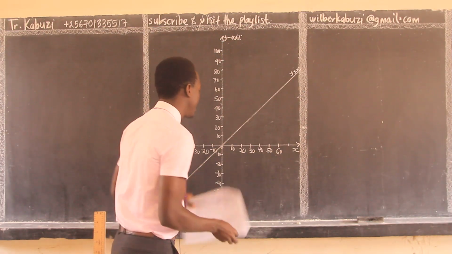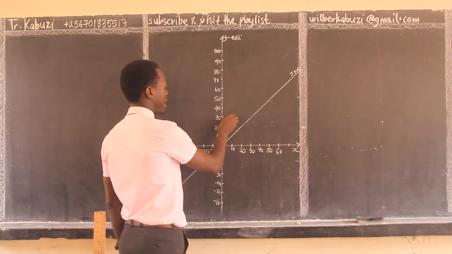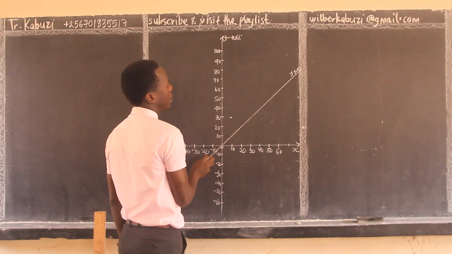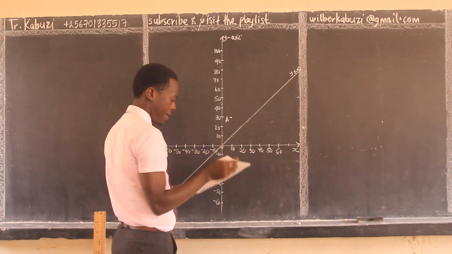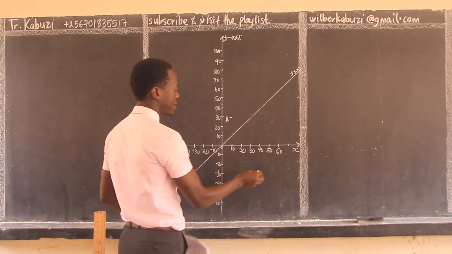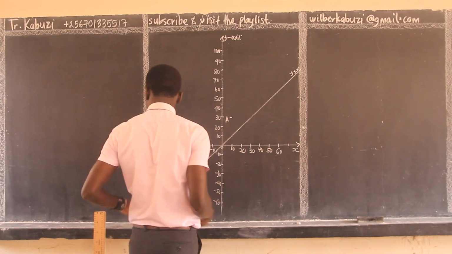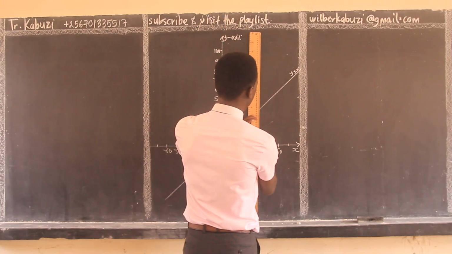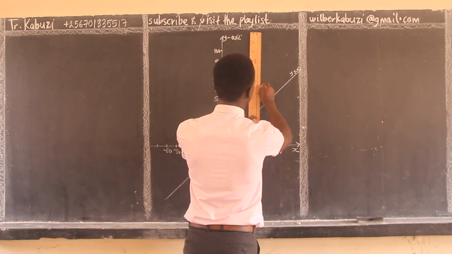So A, 10, 30. We have the 10, then we also have our 30, which is here. So 10, 30, here and here. Remember, you are using a graph. This is my point A. Then I come to B, which is 40, 60. 40, then 60, around there.